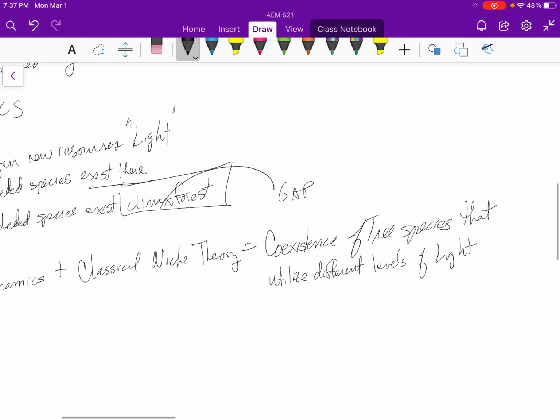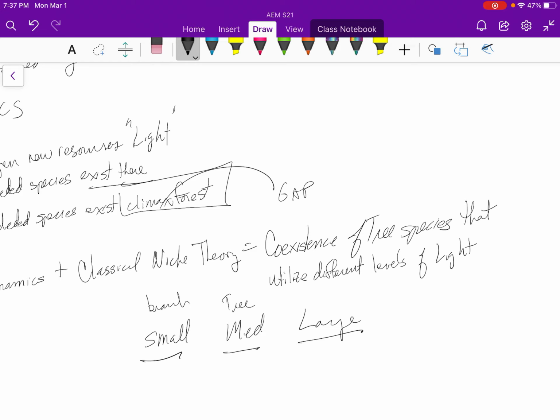And because the tropical forest is constantly creating gaps, we're constantly forming small, medium, and large gaps, right? Some as big as a football field, some only as big as our lecture hall, and some only as big as a single branch, right? So small would be like a branch, this would be like a tree, and this would be like more than 5 trees.